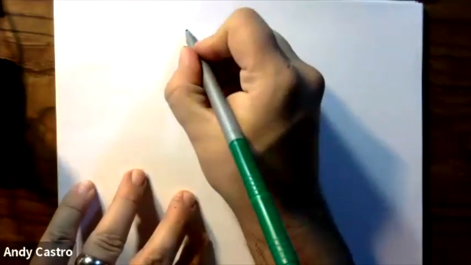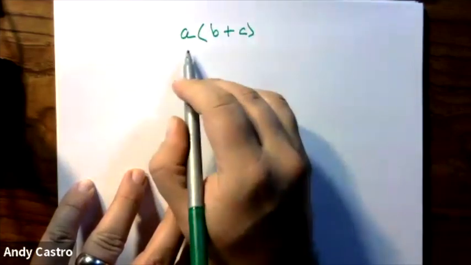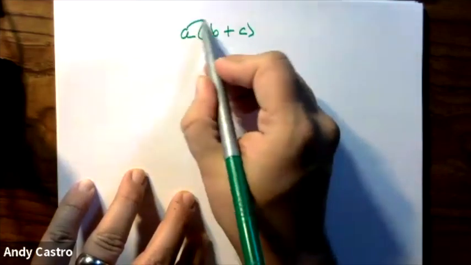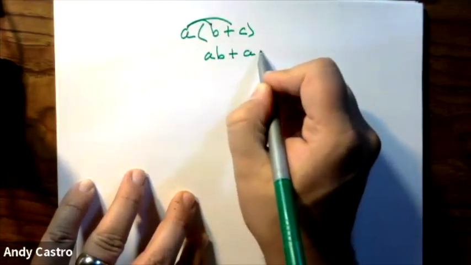So let's go ahead and revisit distribution again. If you remember, distribution was you have a number multiplied by a quantity. If I distribute that, I get AB plus AC.